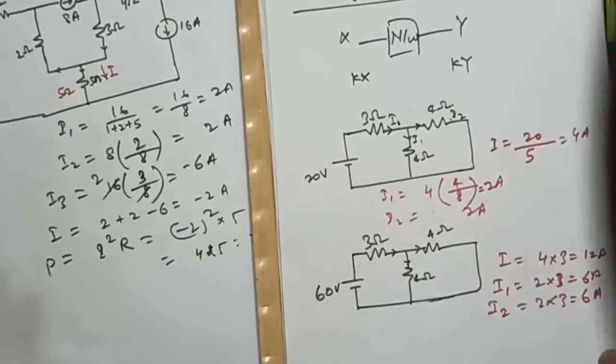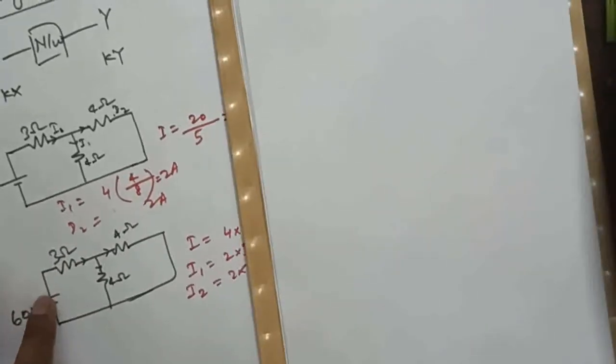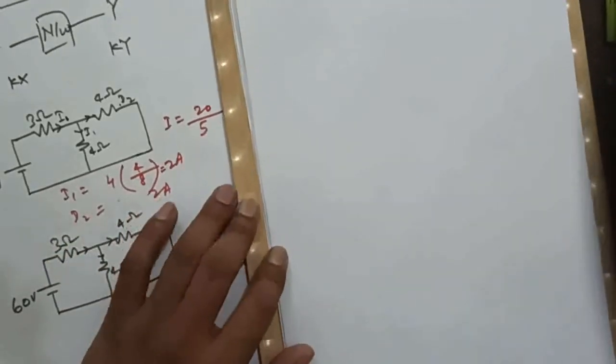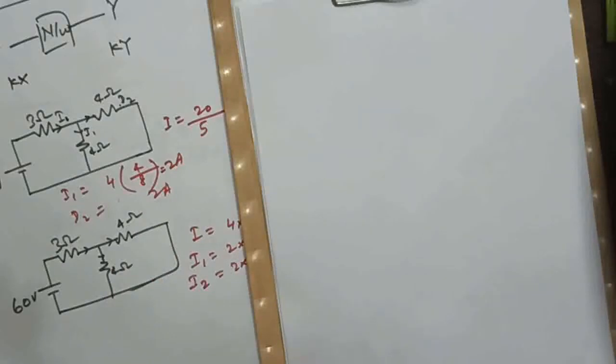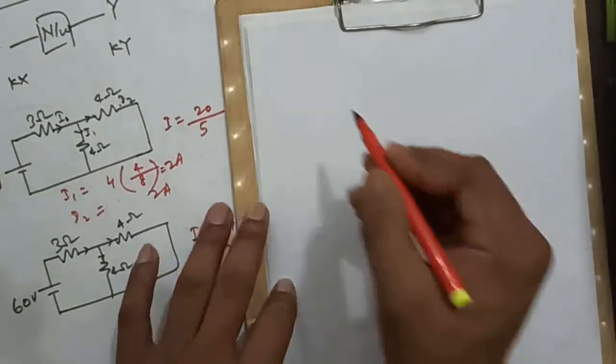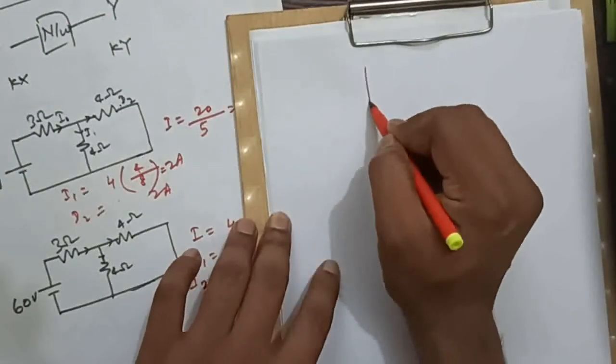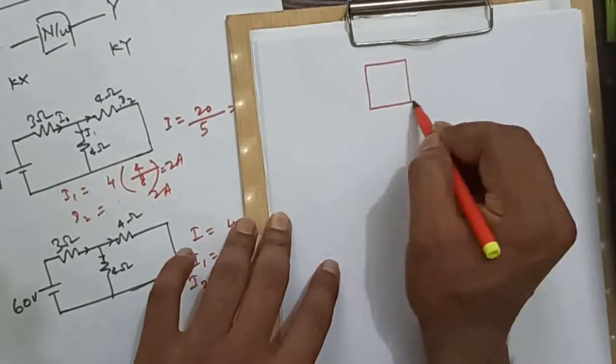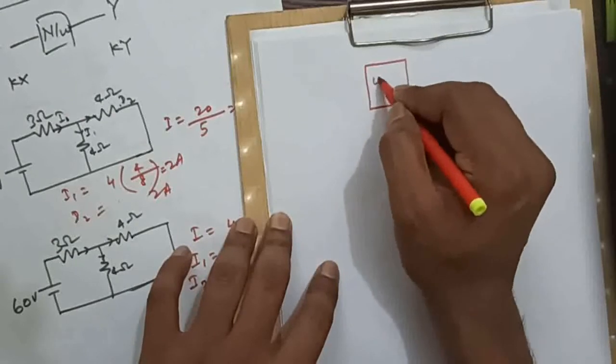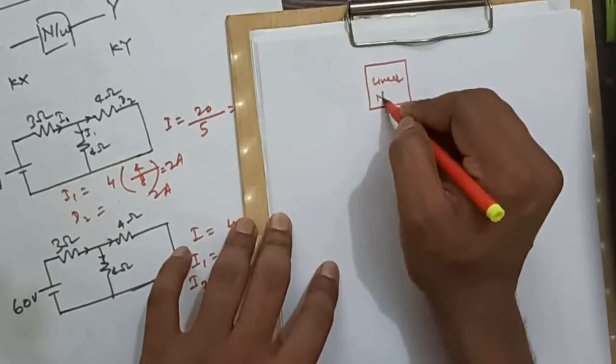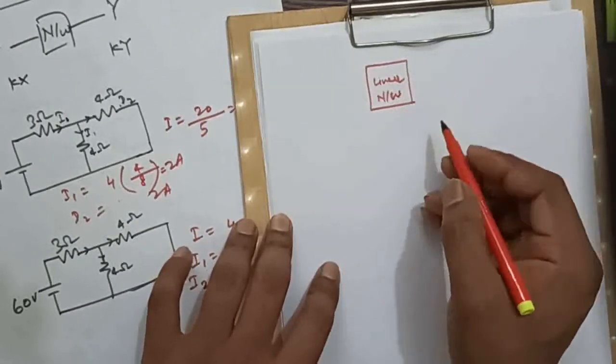Now let's take another example. Basically this example will illustrate both the superposition as well as the homogeneity principle. So let's consider a network like this. This is a linear network.